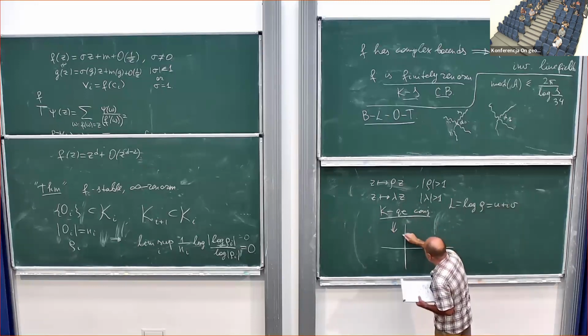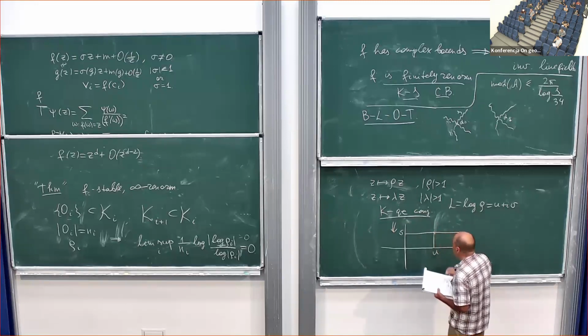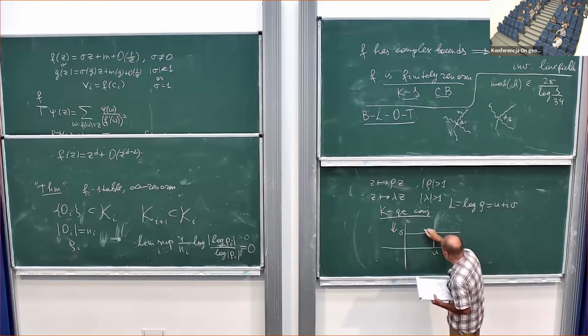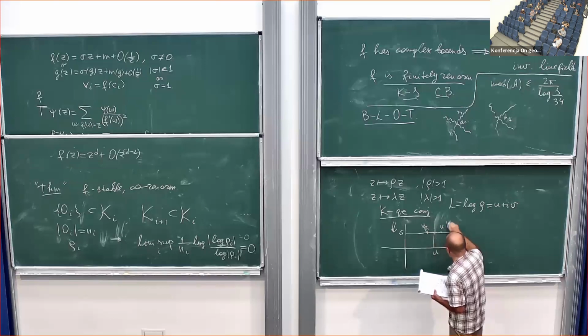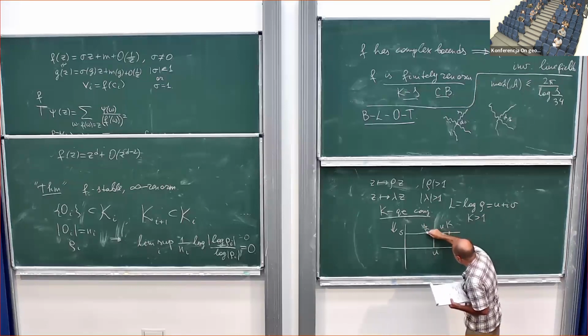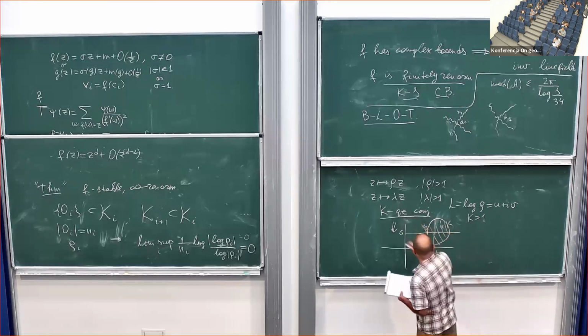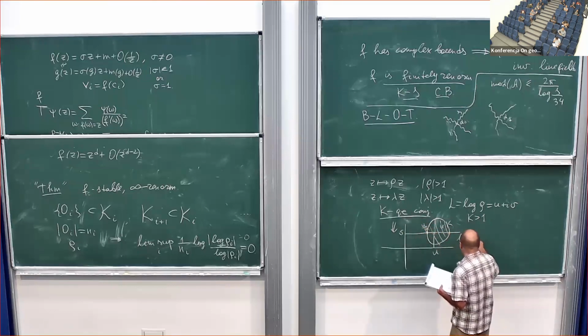So this is v, this is u, and let's draw the following circle. So this is u, write u over K, and here u multiplied by K, K bigger than or equal to 1, okay? And then draw a circle with this as a diameter. And then the claim is that log lambda must belong to this circle.